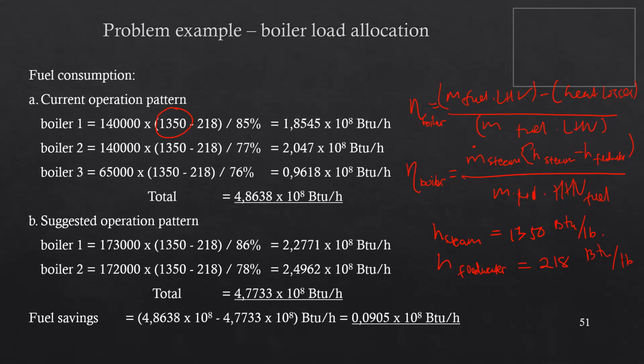We would like to calculate the M fuels, the fuel consumption, but the units given here are BTU per hour. It's not the mass flow rate but the heat flow rate. So we can assume that this is the fuel consumption, considering also the values of the HHV of the fuels.